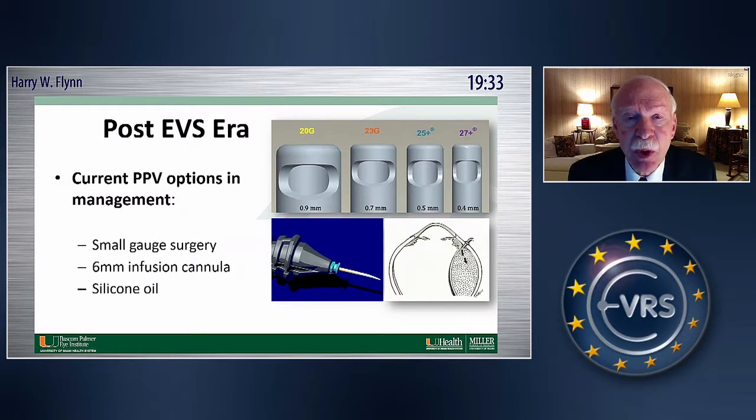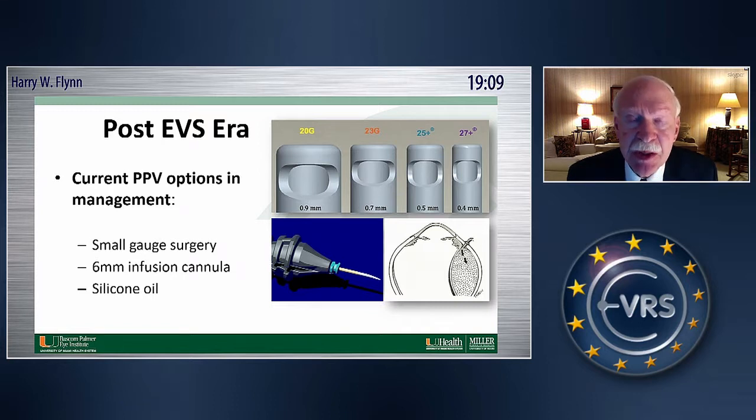Today, we have small gauge vitrectomy. We have the advantage, in an eye with conjunctival congestion, of being able to avoid bleeding from the conjunctiva, avoid problems with sclerotomy sites, and perform a quick and simple vitrectomy.